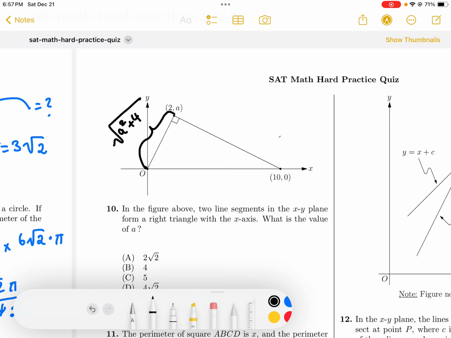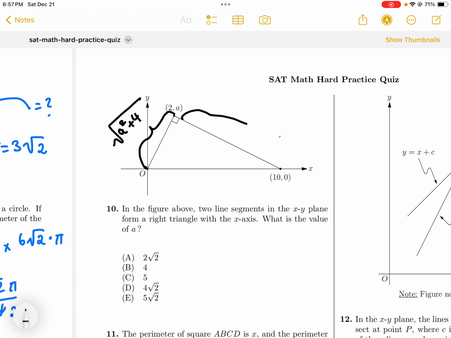So in this case, we have to find the length of this segment right here. By the distance formula, this is the square root of 10 minus 2 squared plus 0 minus A squared, and this is just equal to the square root of 8 squared plus A squared.